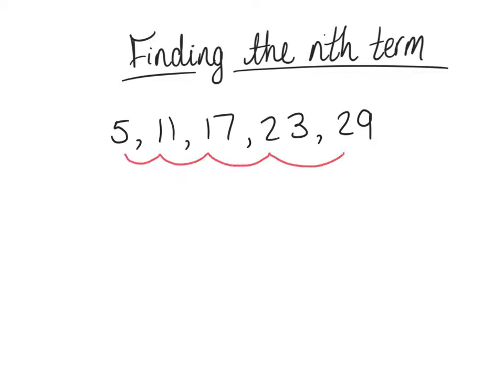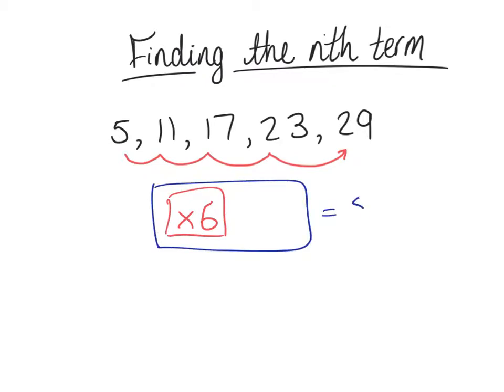We know, hopefully you can see that that's going up in 6s. So we know our first one's going to be multiplied by 6. We then think, right, we need a sum that's going to equal 5, and we're on 6. So the second box is going to be minus 1.